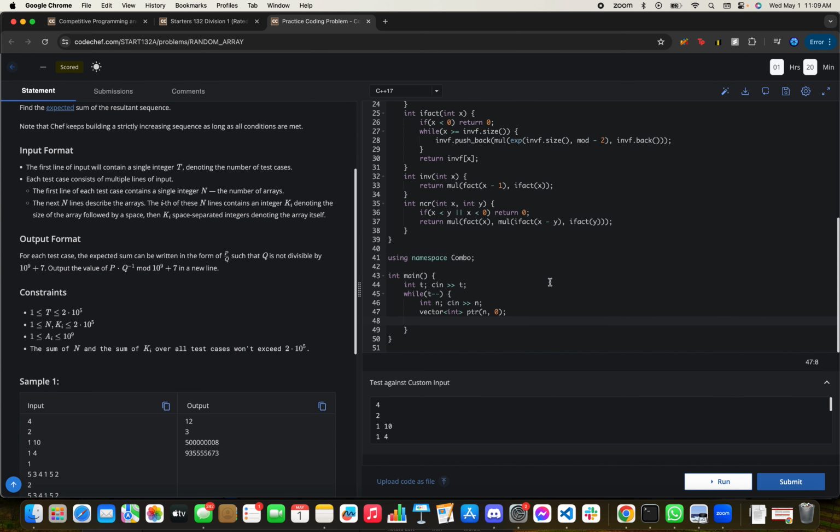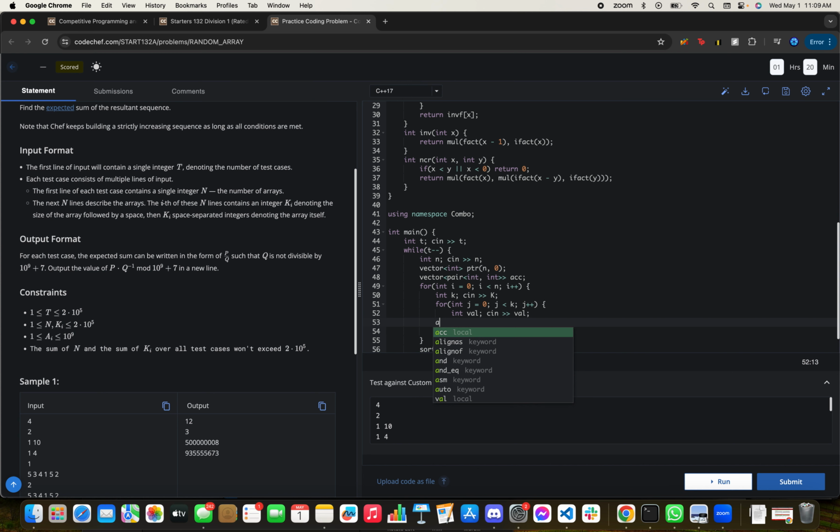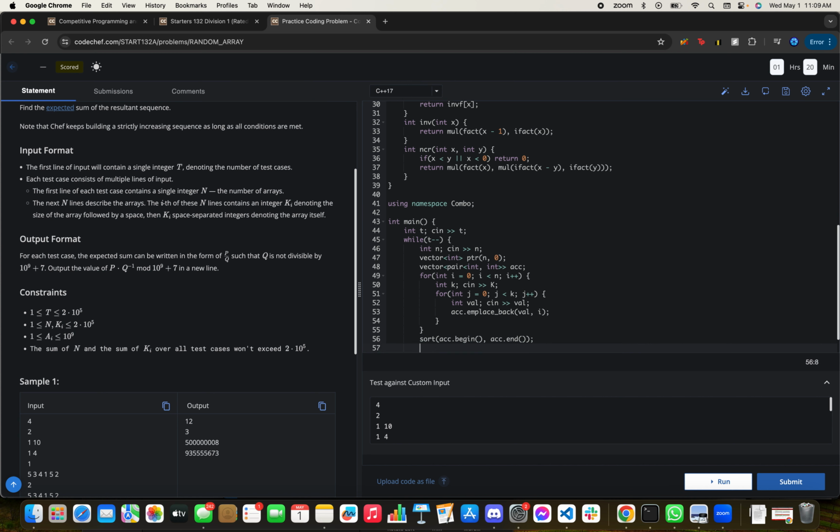So it's like, right, so that does that. Let's just code this part.